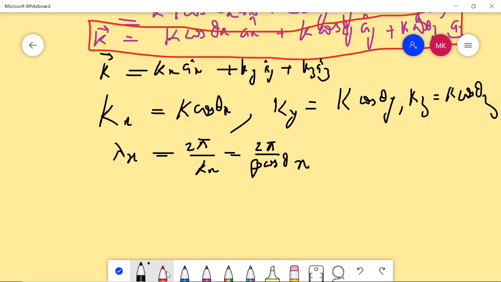So now the equation will be given in terms of these direction cosines.